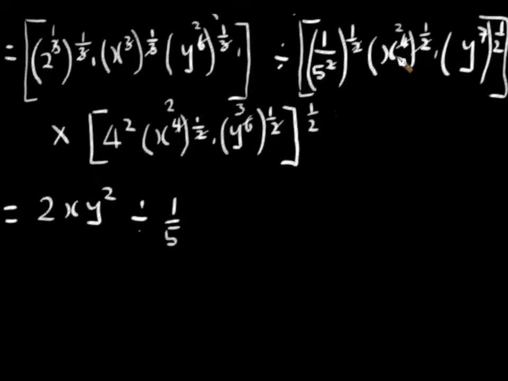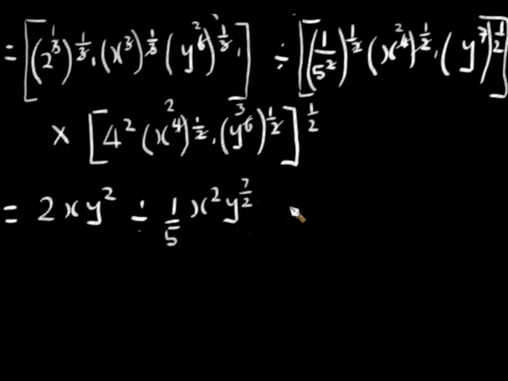And in the next bracket we have x raised to power 2 only remaining there. And in this bracket, because we did not divide it directly, we can choose to write y raised to power 7 over 2.